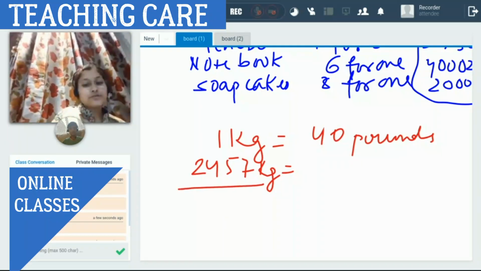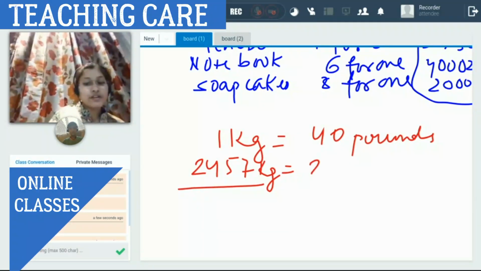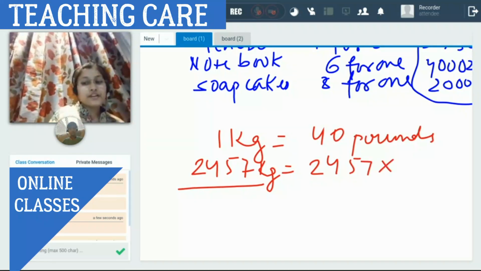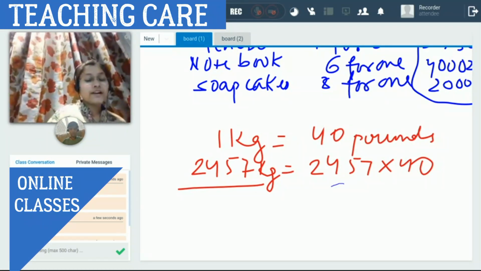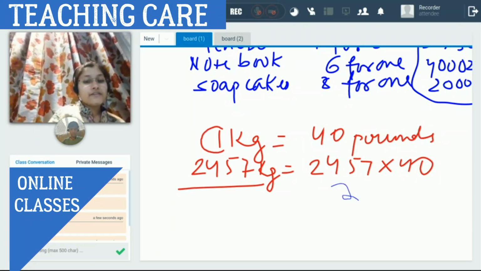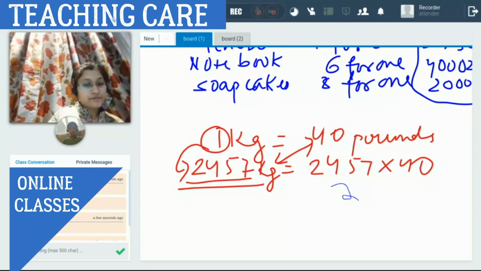So to find the cost of 2457 kgs, I will multiply 2457 into 40. The funda is, when we have a small number and we are calculating for a larger number, we multiply.